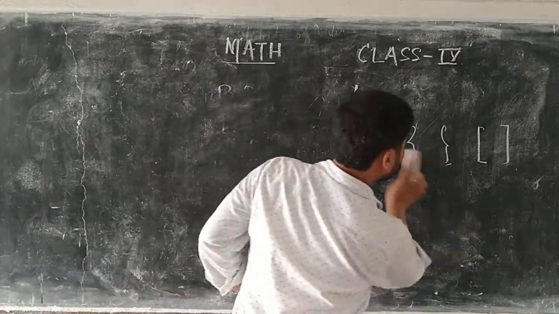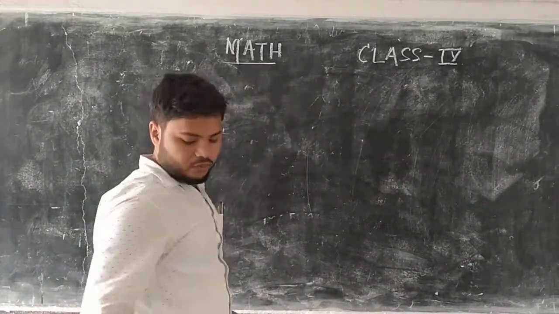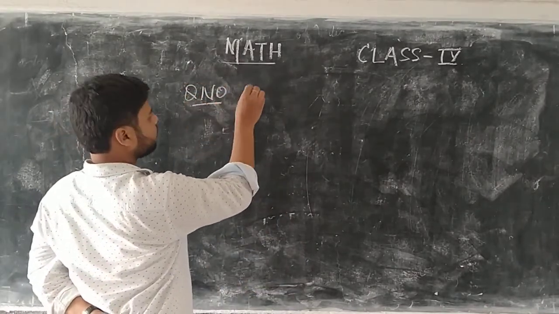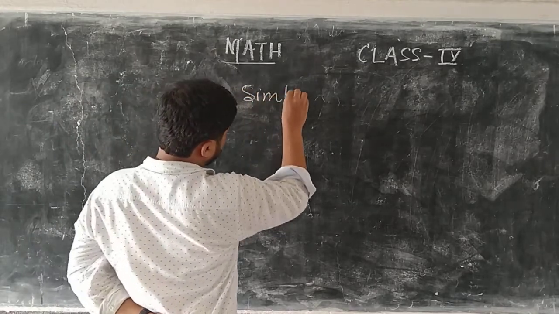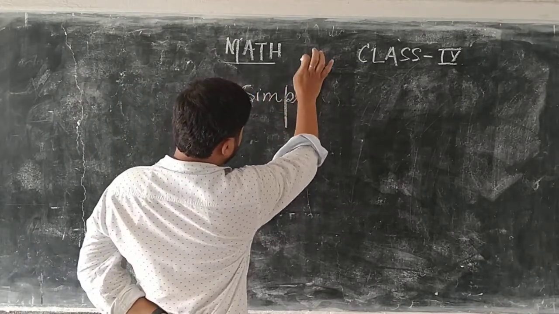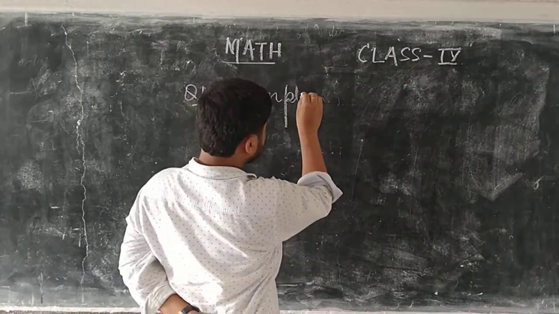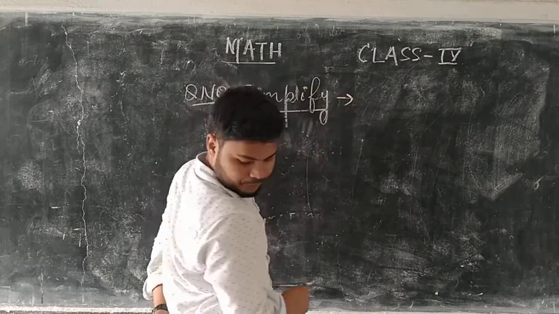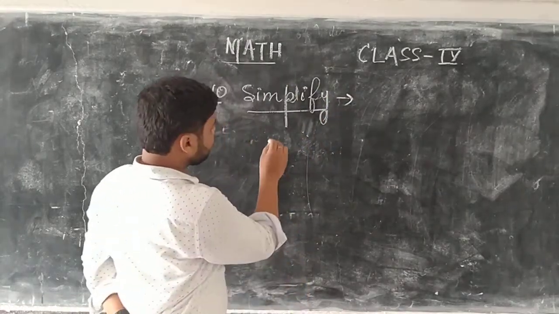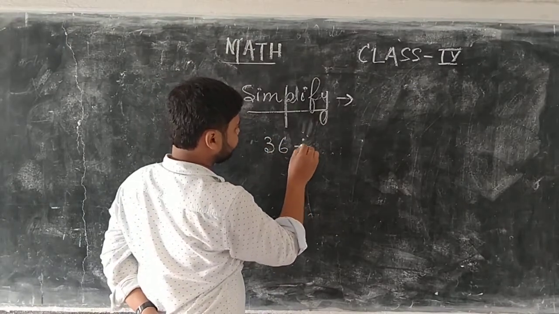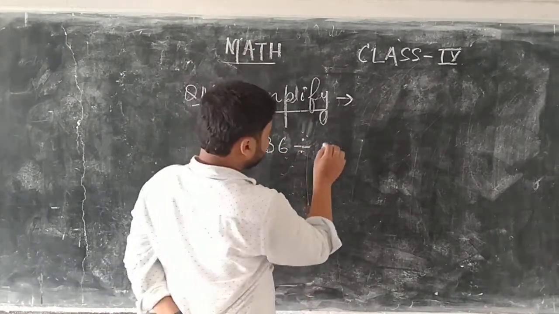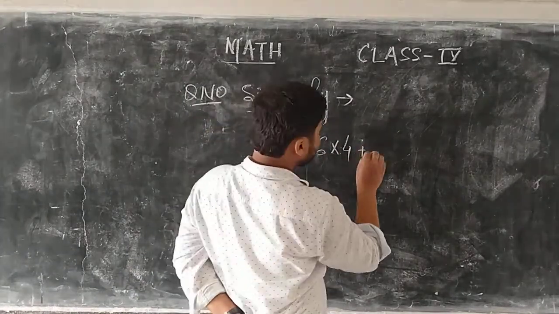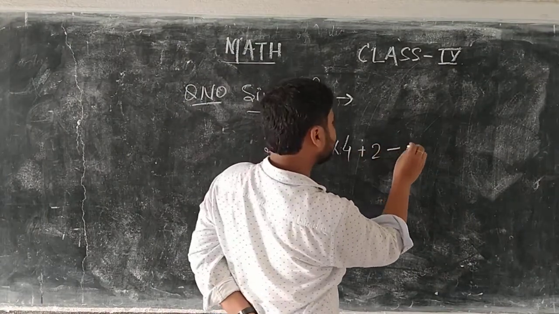Here is one question. Simplify: 36 divided by 6 multiplied by 4, after that addition 2, after that subtraction 8.